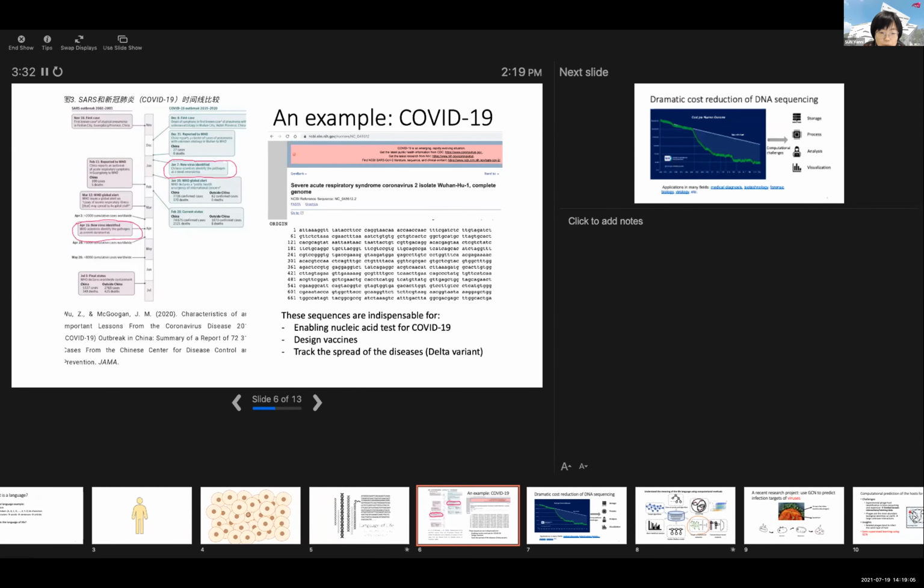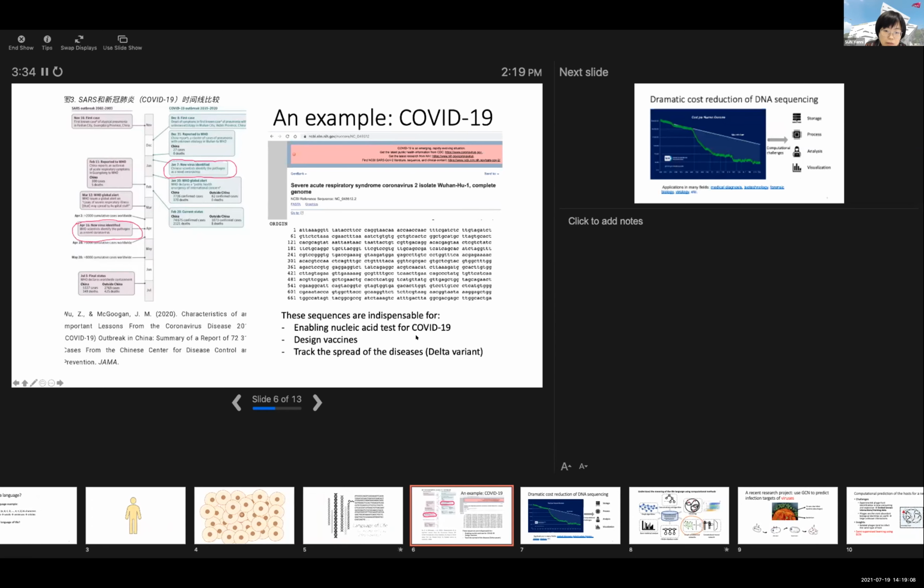For example, this is a DNA sequence of the virus causing COVID-19, SARS-CoV-2. It was sequenced and assembled by Chinese scientists, and this is the first genome for this virus. This part shows a timeline comparing 2 epidemics caused by this coronavirus: one is SARS, and the other one is COVID-19.